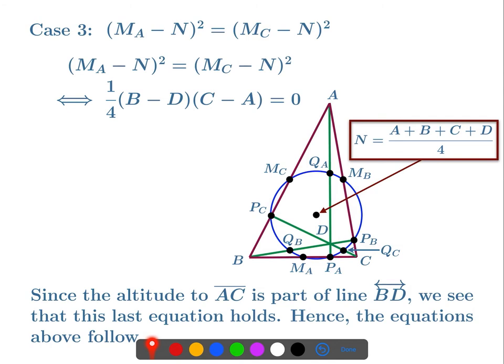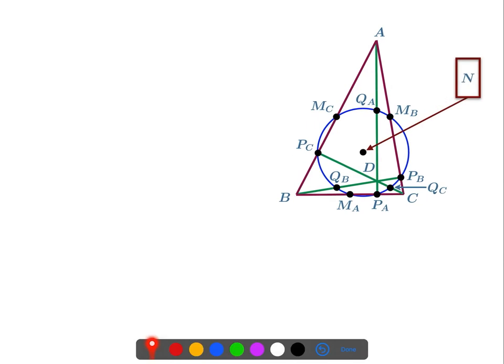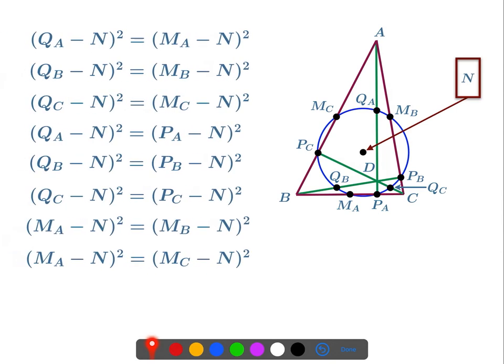For case 3, I only need those two equations, and we can wrap things up now. So let me just put that n there just to make room for other things here. We have all these equations we've shown. Now what I want to do is to look at these last two first, and notice this came from case 3, that the distance from n to m sub a is the same as distance from n to m sub b, and that's the same as the distance from n to m sub c.